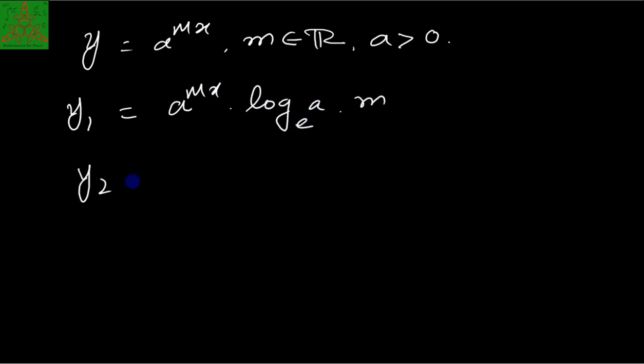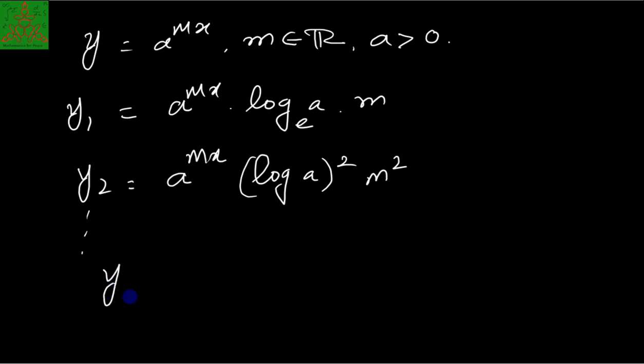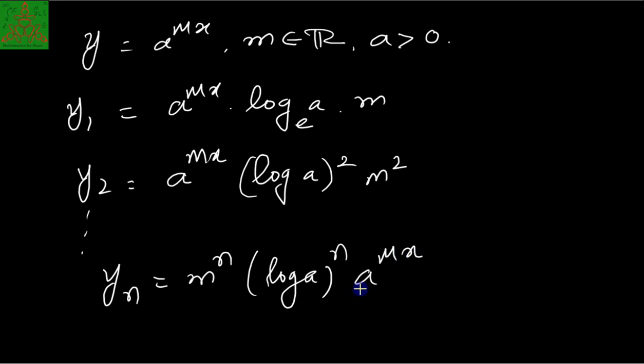The second derivative will be a power mx into log a square into m square. And if you go in this manner, we can see that the nth derivative of this function is m power n log a power n a power mx.